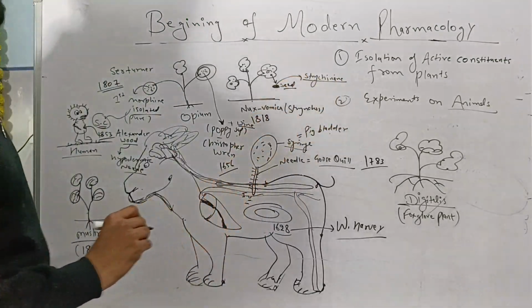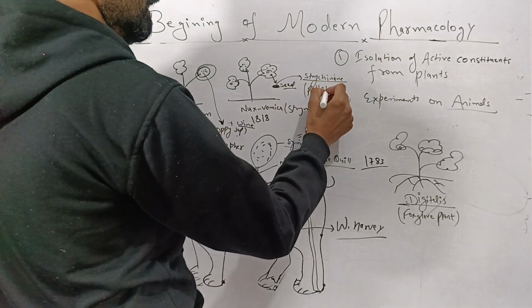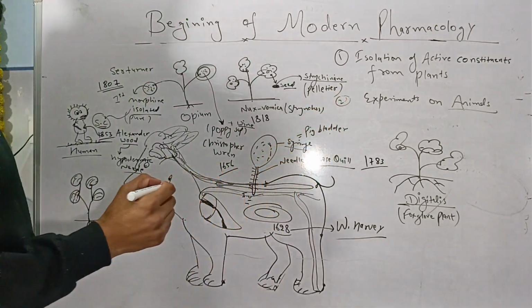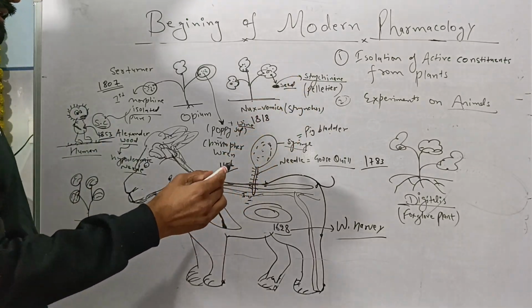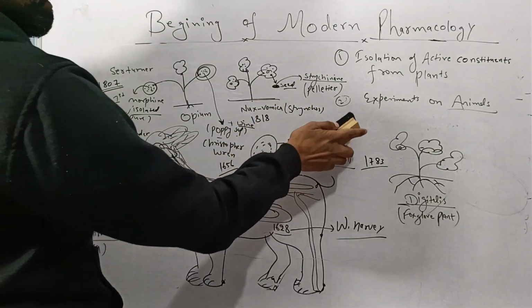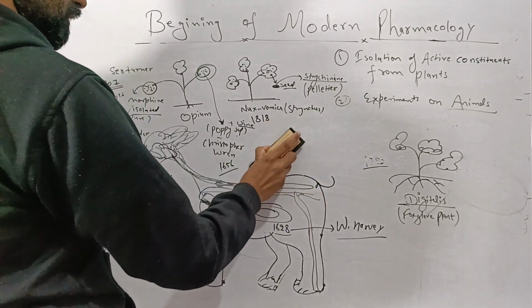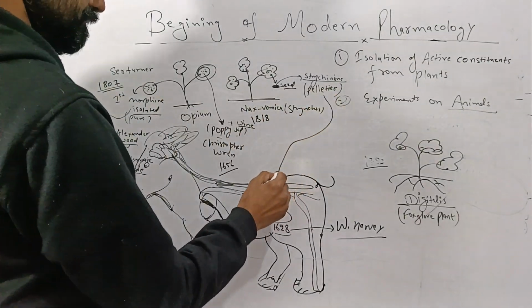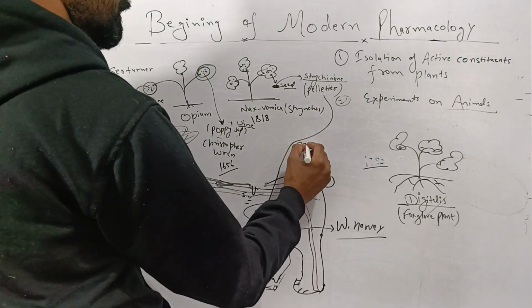Strychnine poison was isolated by Pelletier, and this strychnine was injected into the dog by Magendie.